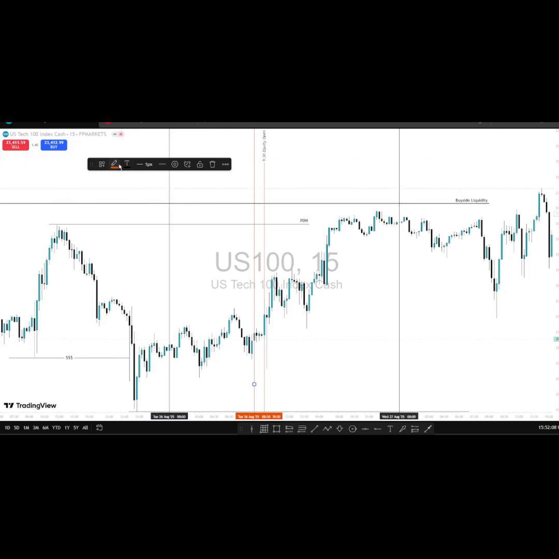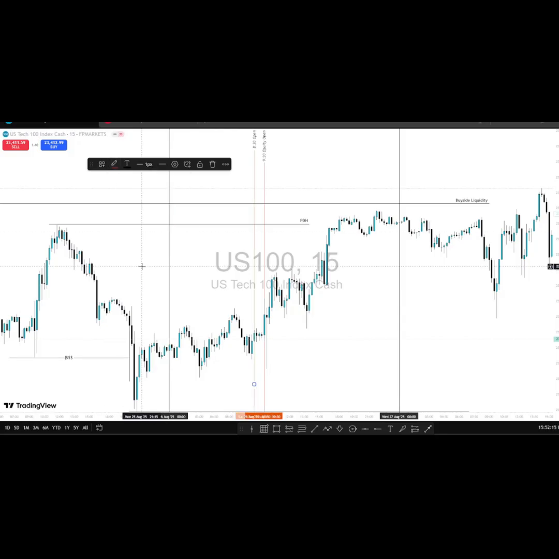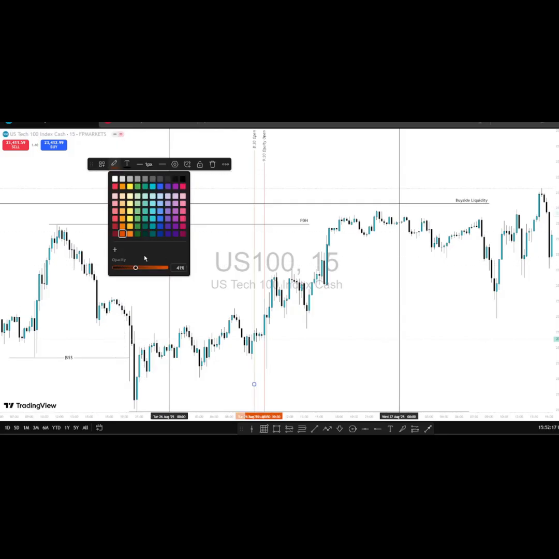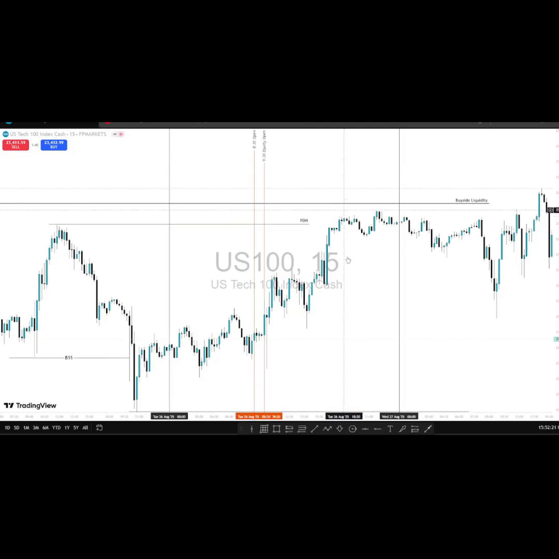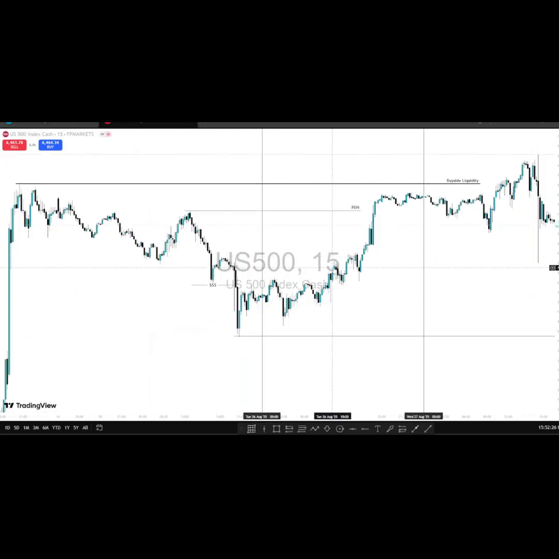The 8:30 open and the 9:30 open. Also we have the midnight open, which I have marked. So those are among the most important times that we observe to see what price does at around those areas.